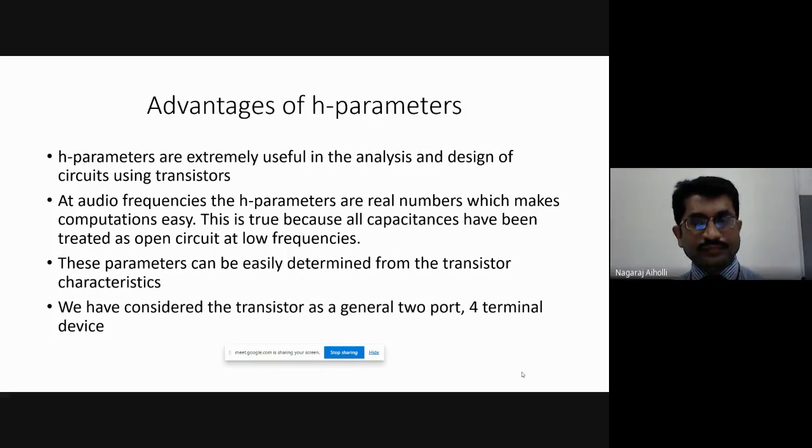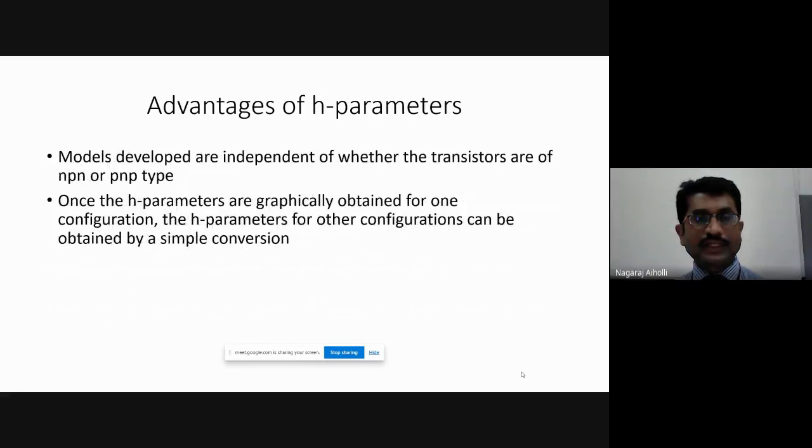Then one more advantage is that once the H parameters are obtained from the graph, they can be converted from one configuration to another just by using conversion formulas.